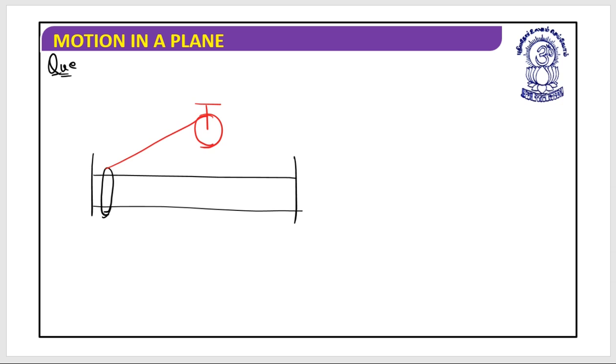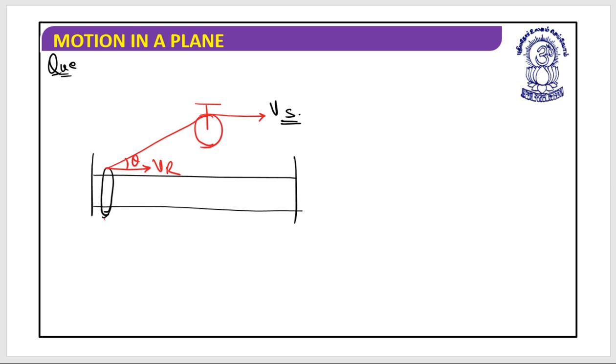And this is the string that has been connected, and from here I am going to pull this. The ring has been constrained to move in this direction, at this angle theta.